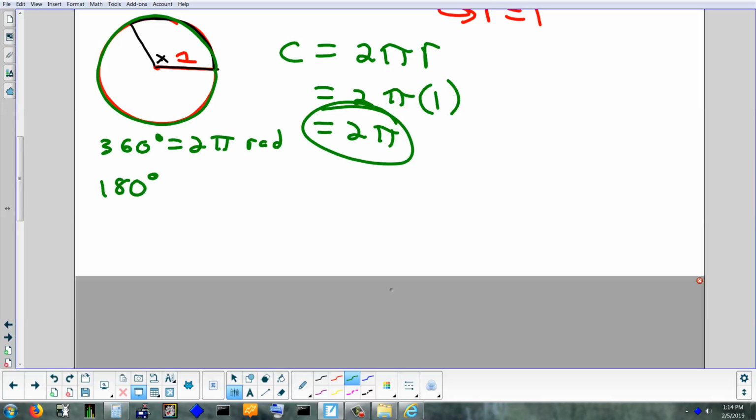So if in a full circle there's 2 pi radians, how about in a half circle? Jacob? 1. Well, in 360 there's 2 pi, so in half that there's 1 pi. Yeah, so pi. So in 180 degrees, that's 3.14 radians.